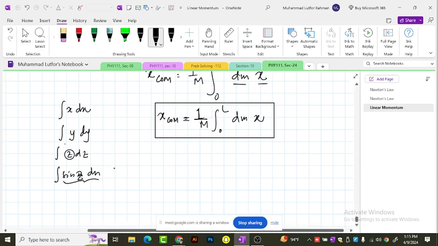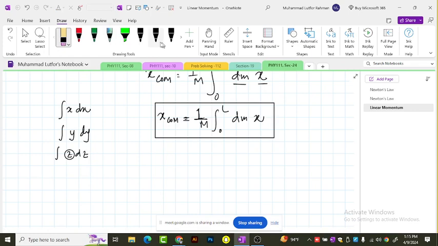Someone is making noise, please mute yourself. It has to be the same parameter. Look at this, x with x, y with y, or z with z. These are two different parameters. This is the m and this is the length. Is it the same identity or same parameter?